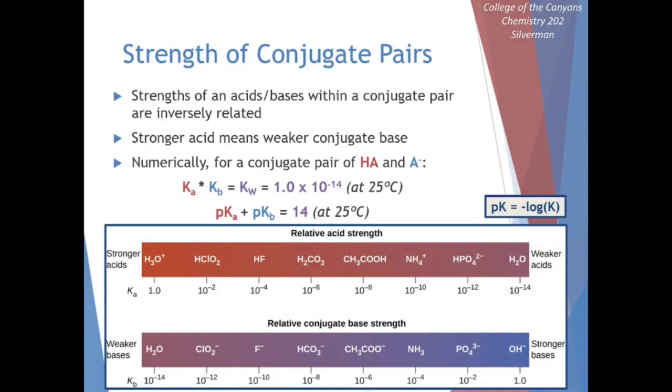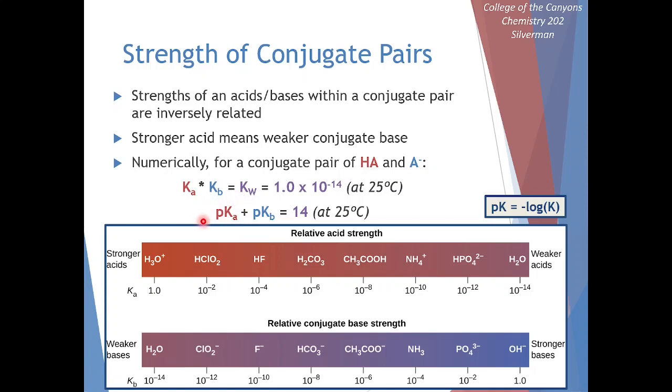For a conjugate acid-base pair, we can also introduce some equations. Numerically, a Ka value times the Kb value for a conjugate acid-base pair have to multiply together to equal exactly Kw.